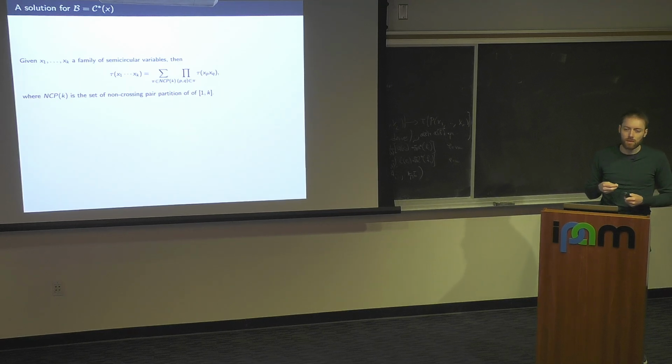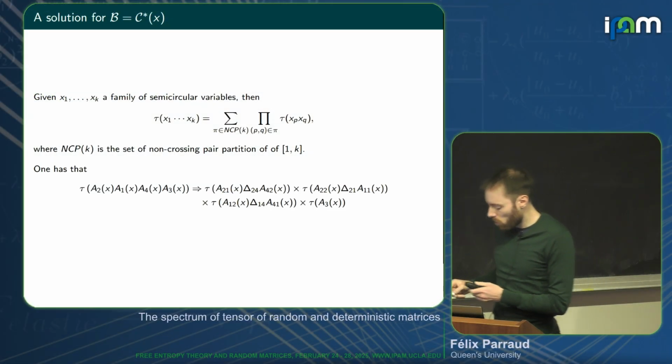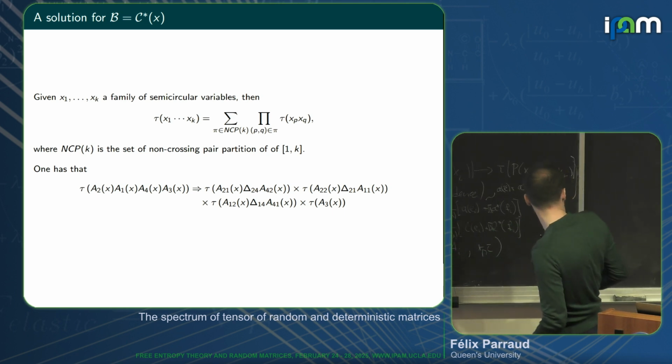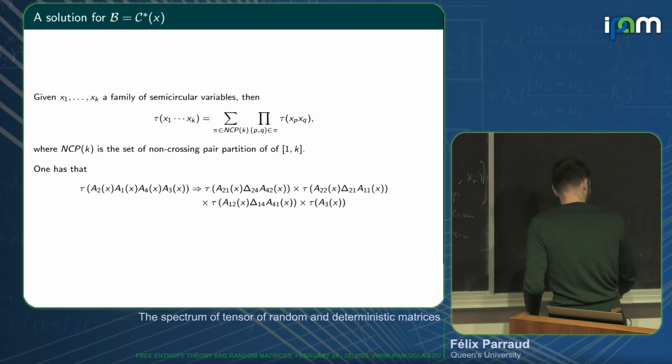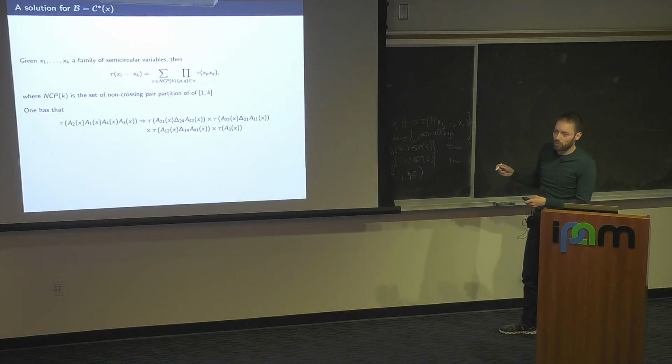All right. But the point is that you can actually use that to get a nice formula for this kind of thing. So here, as you can see, I didn't take the regular product of A1, A2, A3, A4. I took A2, A1, A4, A3.